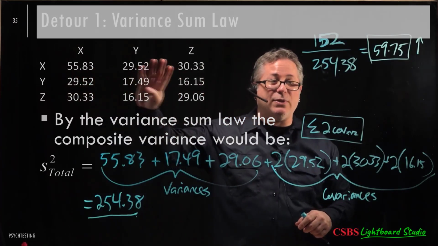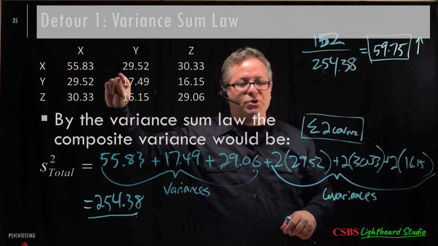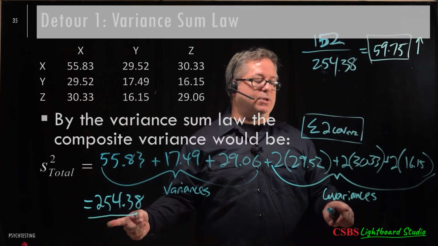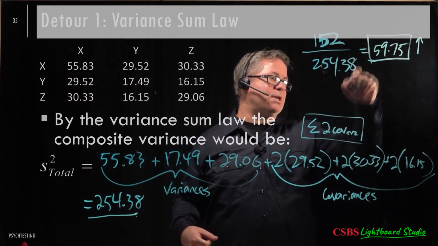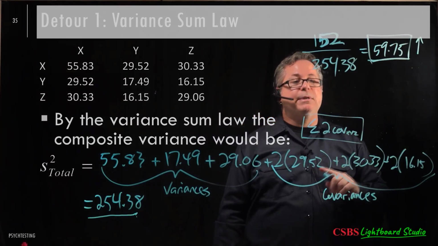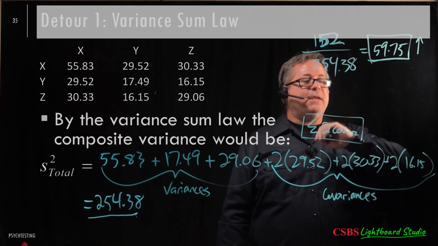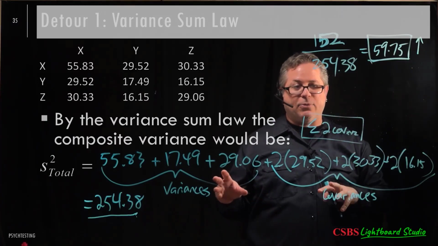I don't even have to look at the scores. All I need is the variances and covariances, and I can figure out what proportion of the total composite variance is due to covariance. I can get a percentage of covariance. Now, this in and of itself is sort of useful, but what it doesn't do is control for a couple things, like the number of items.